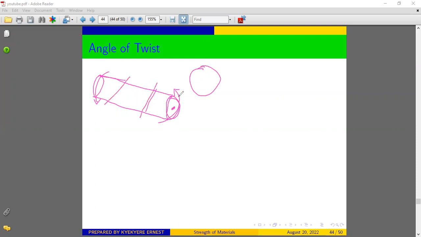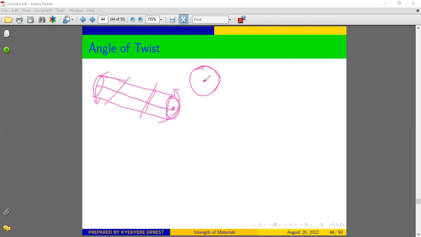The circular nature of the member is not going to change if it is a circular cross section. However, we stated that if it is a non-circular section, then the cross section is going to distort or change. So from here, we said that the minimum shear stress and the minimum shear strain will occur at the center of the circle, which is along the axis of the circular shaft.